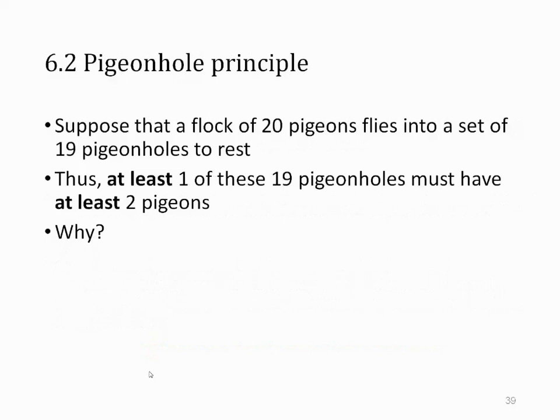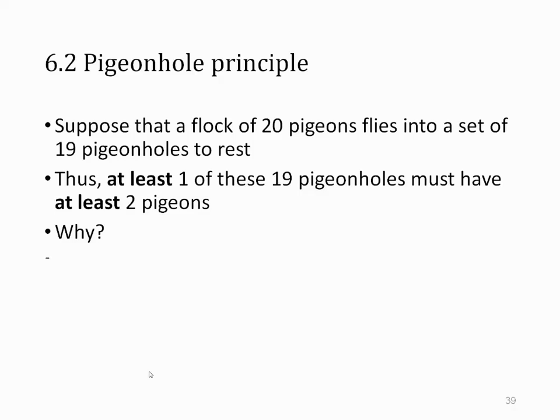Suppose that a flock of 20 pigeons flies into a set of 19 pigeonholes to rest. Here k plus 1 is the number of pigeons and k is the number of pigeonholes. Thus at least one of these 19 pigeonholes must have at least 2 pigeons.